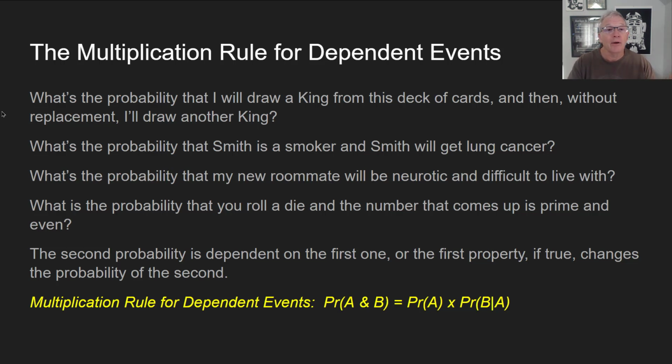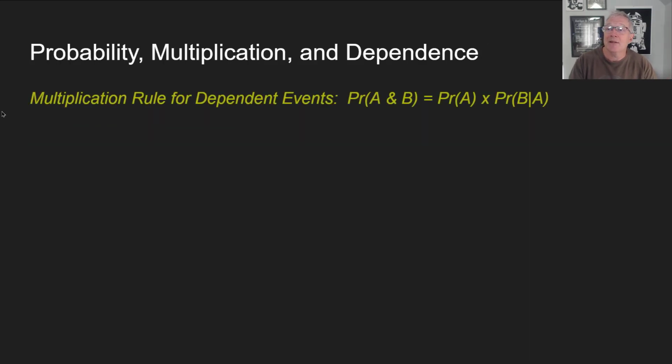So for the lung cancer case, imagine, what's the probability that Smith is a smoker and Smith will get lung cancer? Well, that would be the probability that Smith is a smoker times the probability that you get lung cancer given that you're a smoker. And that's different. That's higher than the probability of you getting lung cancer if you're not a smoker, and so on.